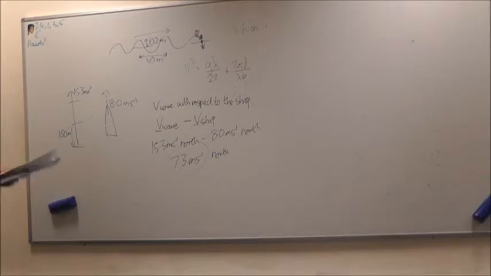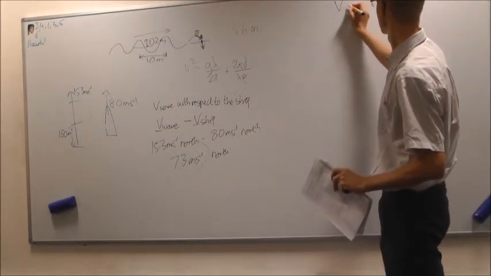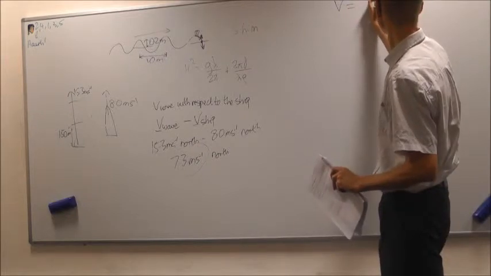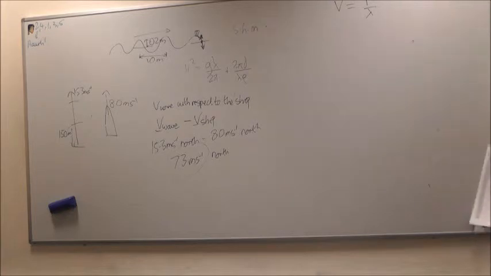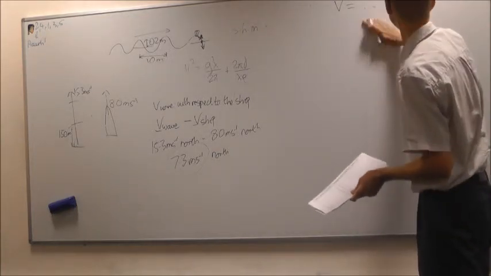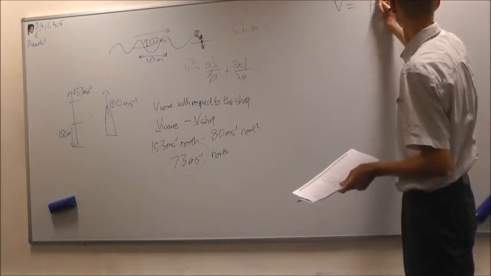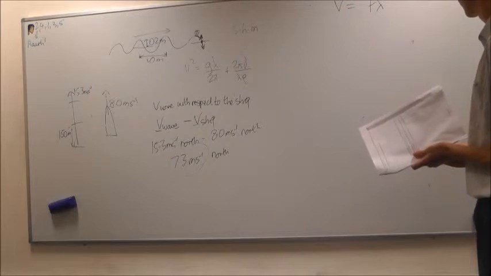We want the frequency now, so we know the velocity, we know obviously v equals f lambda. Did I do it the right way around last time, didn't I?